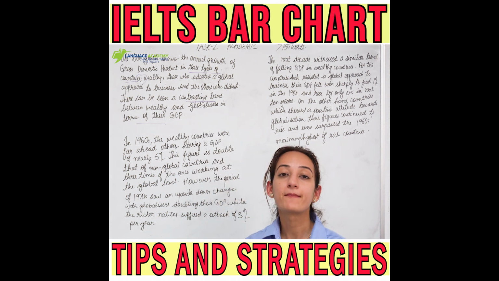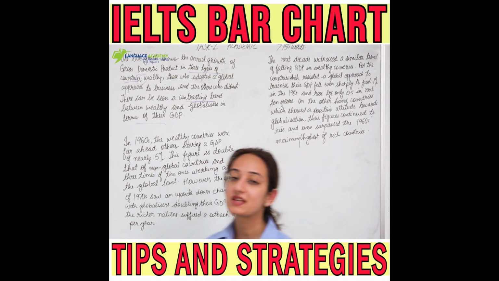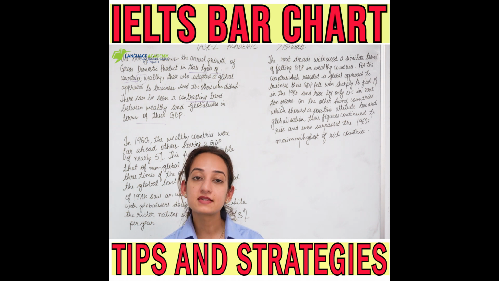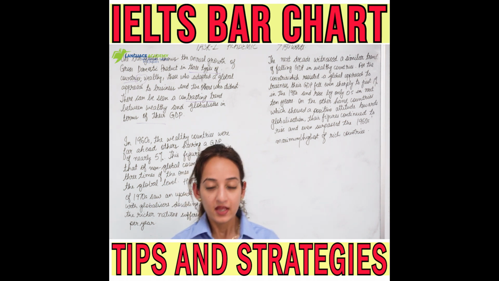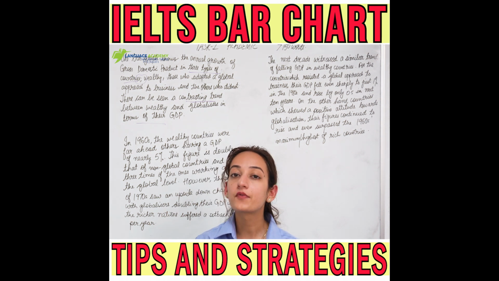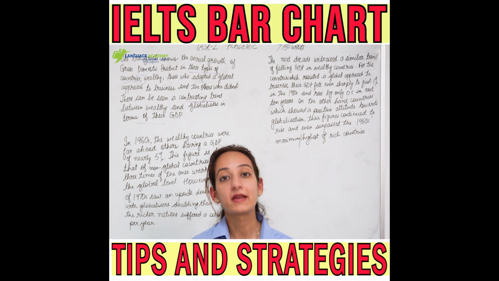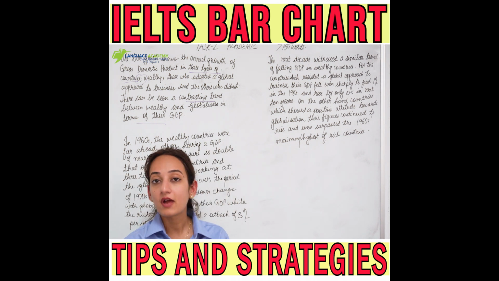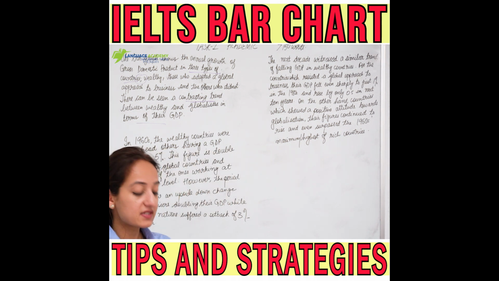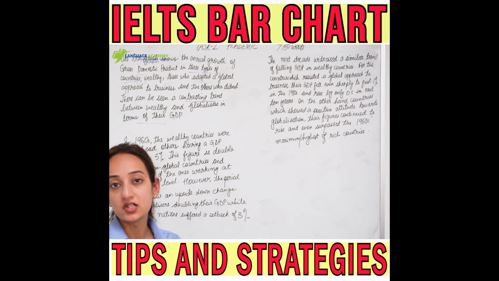Now how to explain a bar chart. There are different ways of starting a sentence. The more information you are given in your graph, the better it is. See, in your graph, if you try to find the elements, you will see one, you are given years.